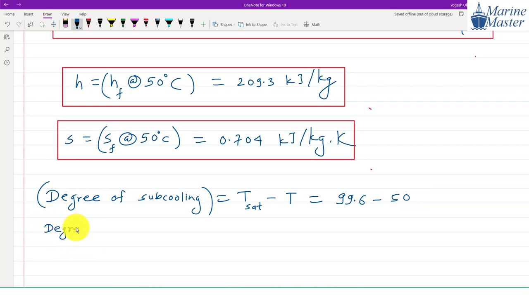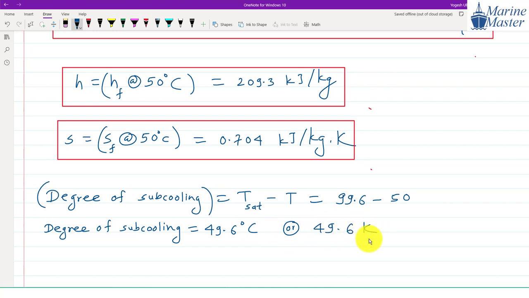Everyone do the calculation. 99.6 minus 50 will become 49.6 degrees Celsius. As it is a difference of temperature, we can write the degree of subcooling in degrees Celsius or in Kelvin also. We can say 49.6 Kelvin.